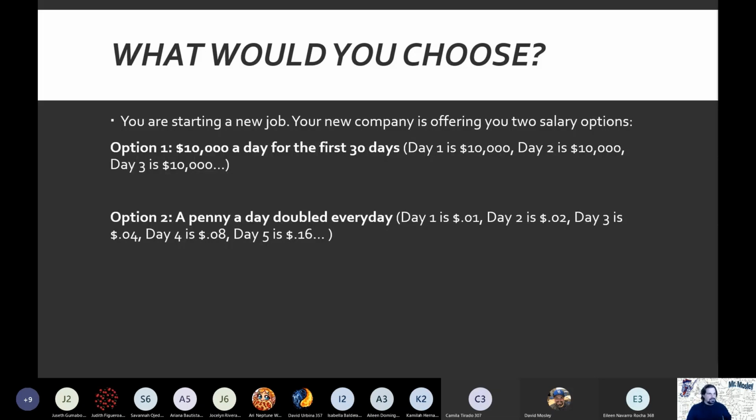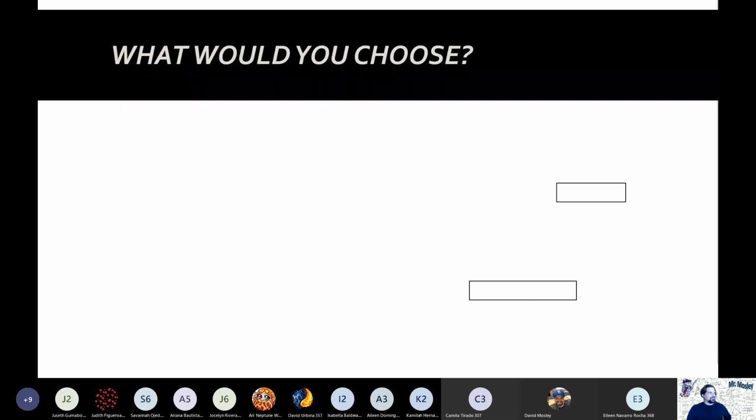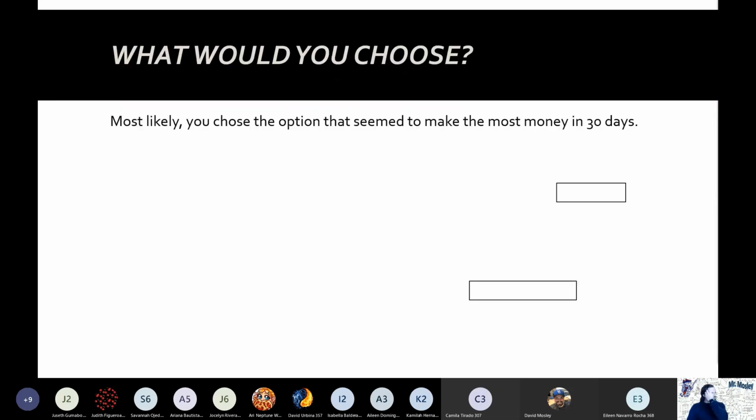All right. Well, let's look at the math. Let's see what happens. So, as we assumed, most likely you chose the option that seemed to make the most money in 30 days. So we're going to look at the math here.